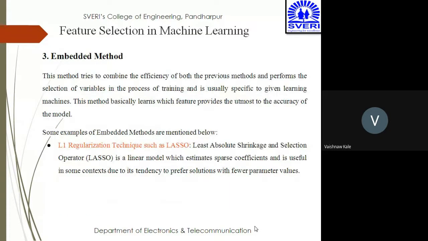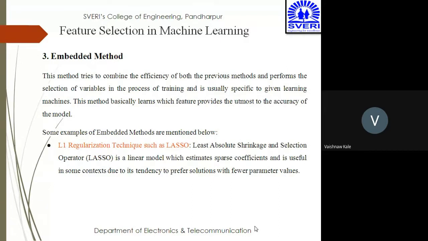The third method is the embedded method. This method tries to combine the efficiency of both the previous methods. So it combines the efficiency of the two methods we have seen previously, and performs the selection of variables in the process of training, and is usually specific to a given learning machine. This method basically learns which features contribute the most to the accuracy of the model.